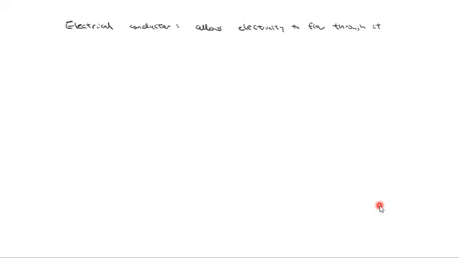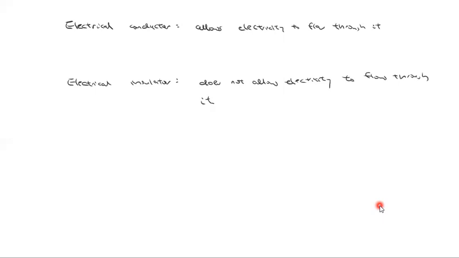How is that different to an insulator, Alicia? Electricity can't flow through an insulator. So it does not allow electricity to flow through it. So that's the answers you guys have given me.